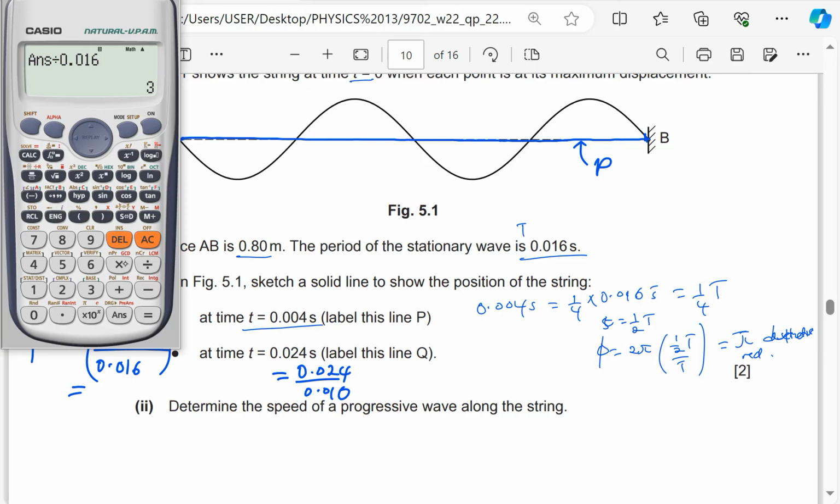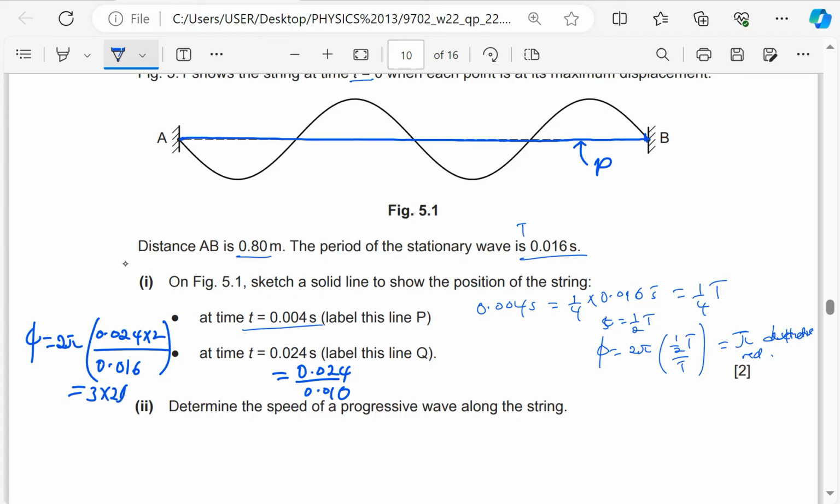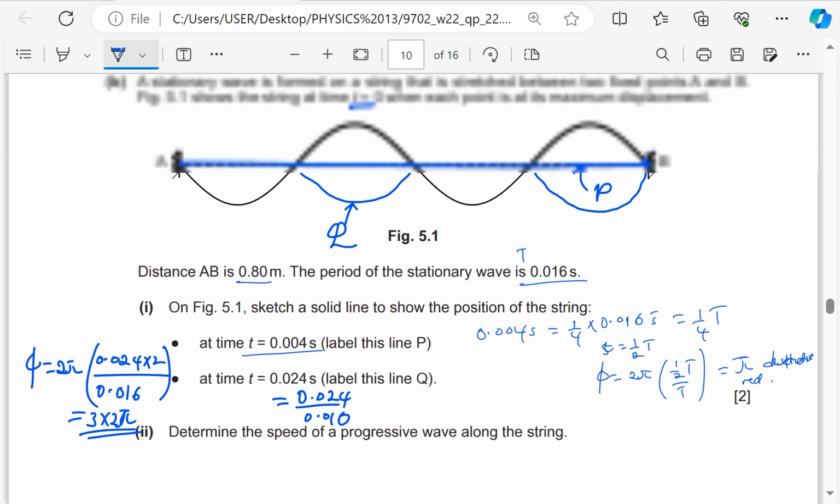Those are 3 cycles. So 3 times 2 pi. This is constructive interference automatically. So the other one is going to be like this, just a mirror image of this. Okay. So then they said label this Q. So this is going to be Q.